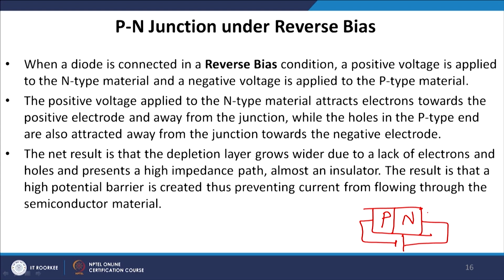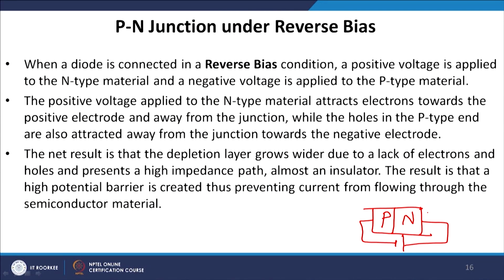So, what is the resultant effect? The width of the depletion region increases. The net result is that the depletion layer grows wider due to the lack of mobile charge carriers, electrons and holes, and presents a high impedance path. So, almost like an insulator. The result is that a high potential barrier is created, thus preventing further current flowing through this semiconducting material.